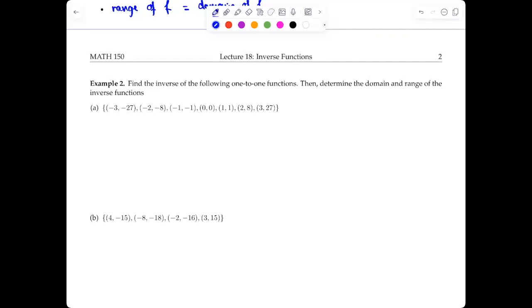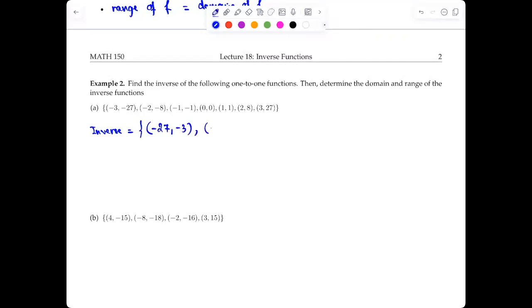Another task that we need to do is define the domain and range of the inverse. So to find the inverse of a one-to-one function is very simple. X becomes Y, Y becomes X. That's it. So the inverse function is going to be: the first point becomes -27, -3.